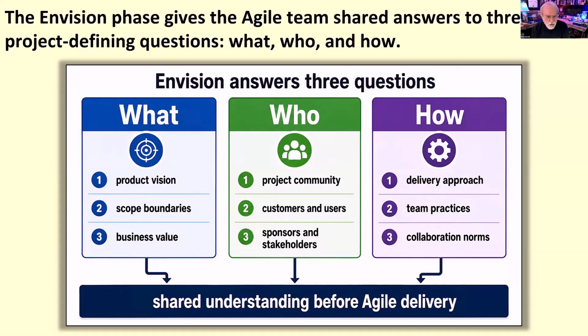Second, who needs to be involved, consulted, or informed? And third, how will the team work together to deliver value? These are important at this phase because we need flexibility, but we also need a shared direction. Without early alignment, these questions help align us as a team. We can move quickly, but still move in different directions if we don't have this alignment.